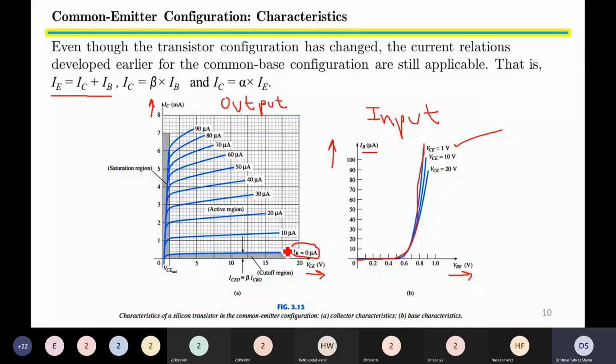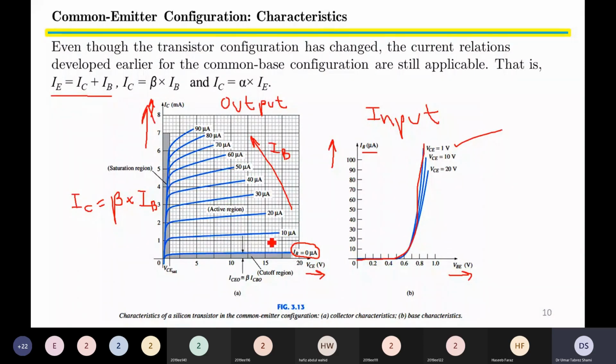Now these characteristics are as expected because collector current is equal to beta times the base current. So this means that as we go on increasing the base current, we increase the collector current also.